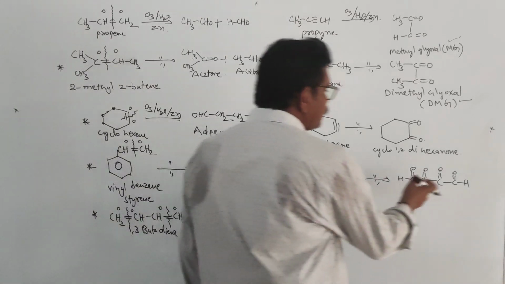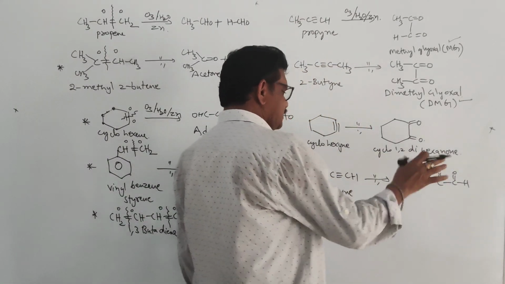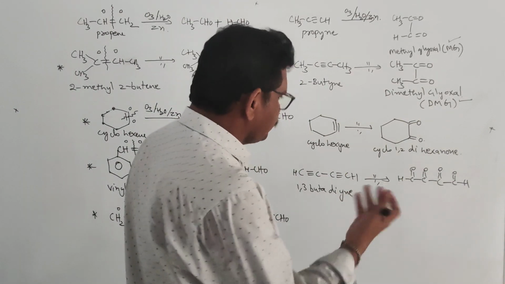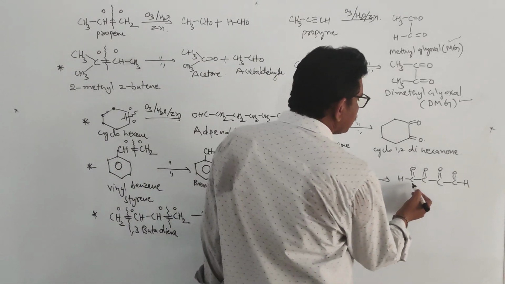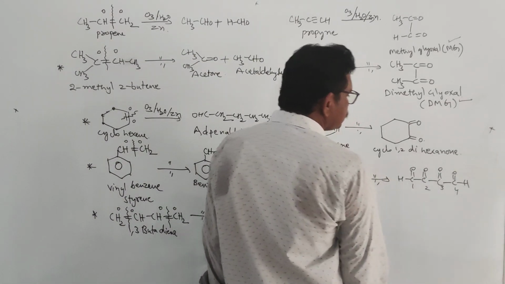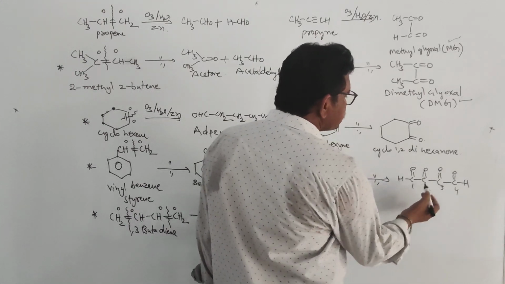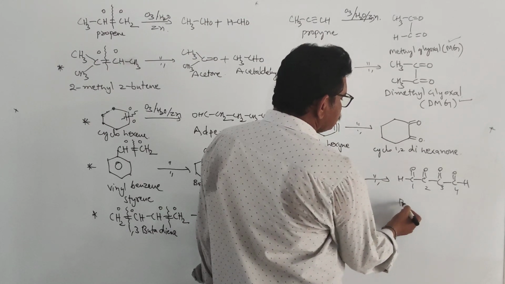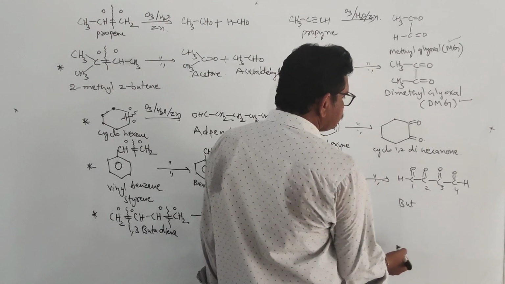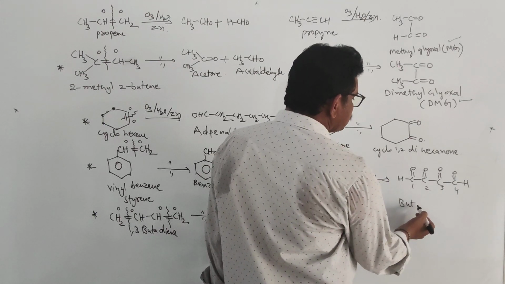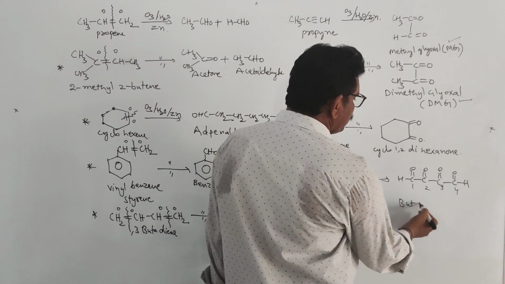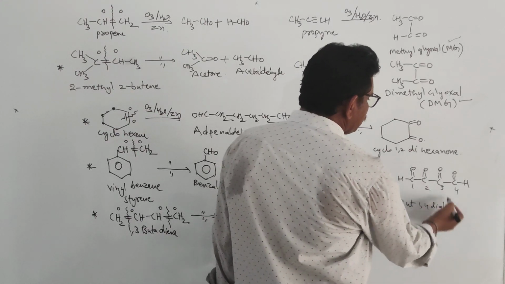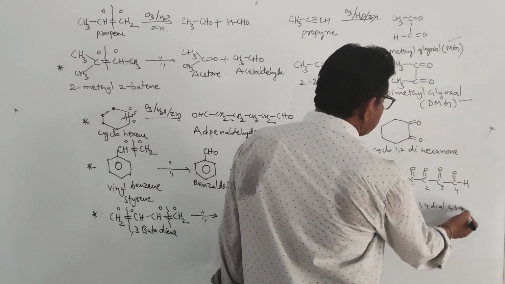Okay, what is this compound? The name is a very typical name. You need not write the product name, no need. If you want to write it, it is very easy, no doubt. 1, 2, 3, 4. Okay, this is called what? Butane-1,4-diol... 2,3-dione.